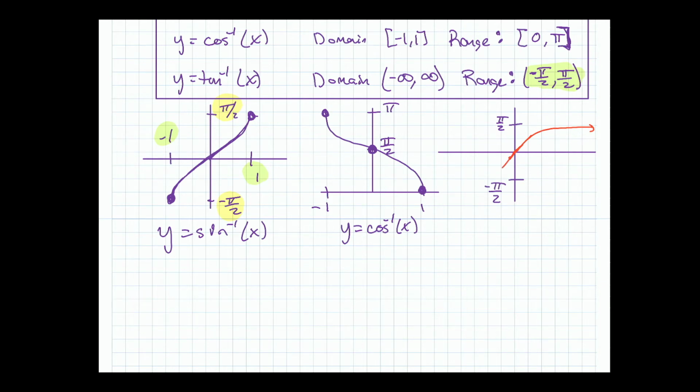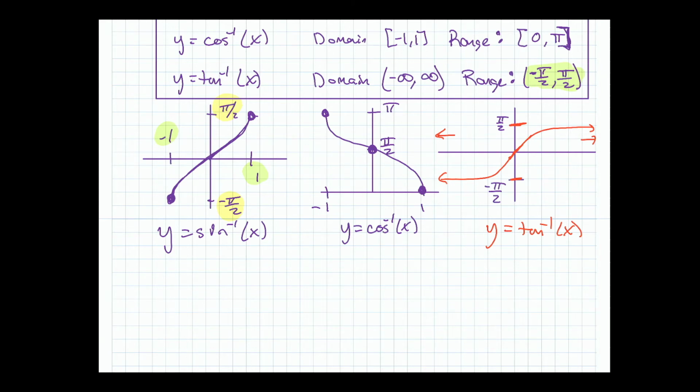And same thing down here towards negative pi over 2. It gets closer to negative pi over 2, and then it levels out, but it never actually quite gets there. You can see that this goes out forever this way and out forever this way. That's why the domain is negative infinity to infinity, and the range is the y values. You can see it's stuck between negative pi over 2 and positive pi over 2. And so those are your inverses of sine, cosine, and tangent.